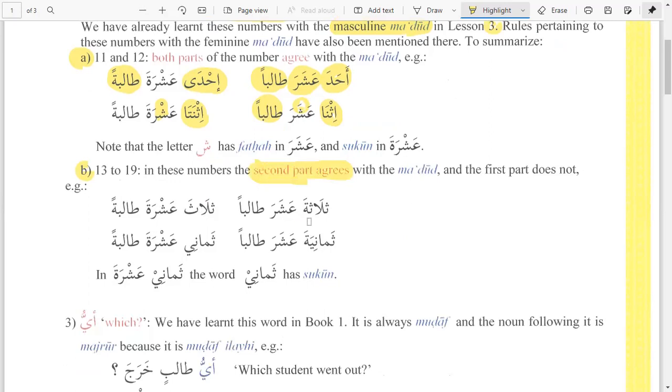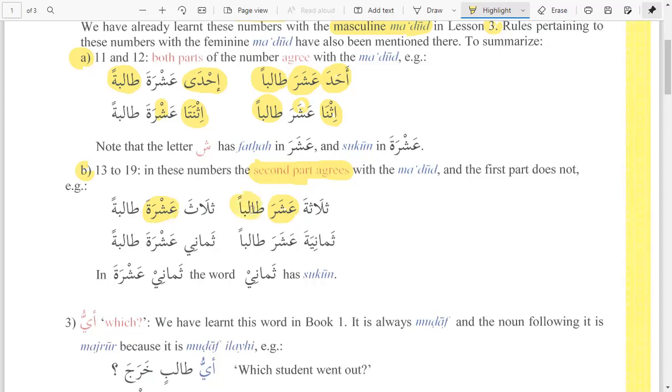Salasata ashara, this is adad, and an adad has two parts. The second part of the number agrees with the madud.